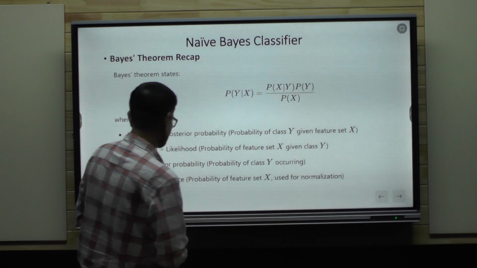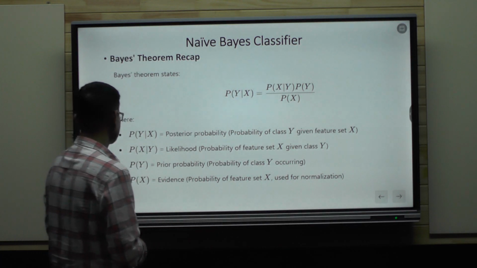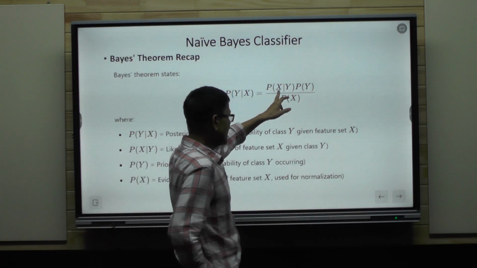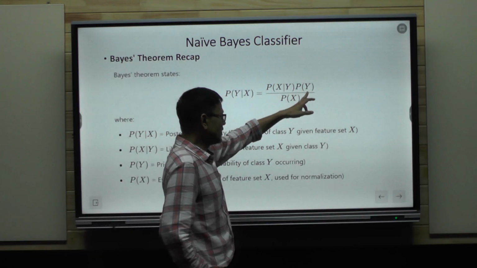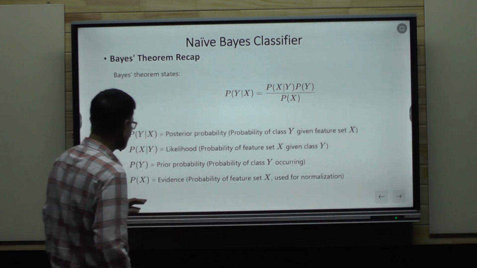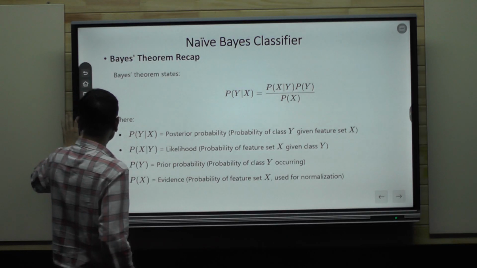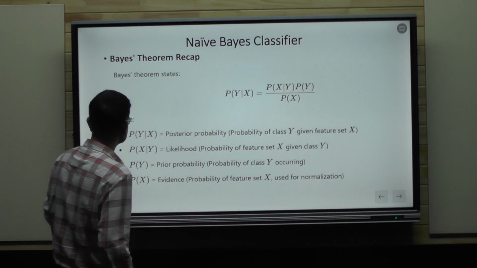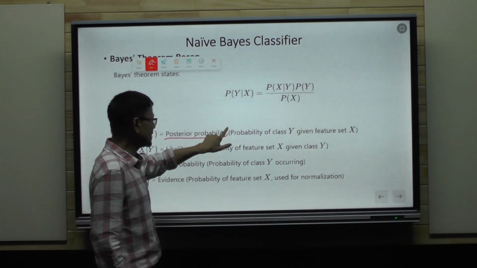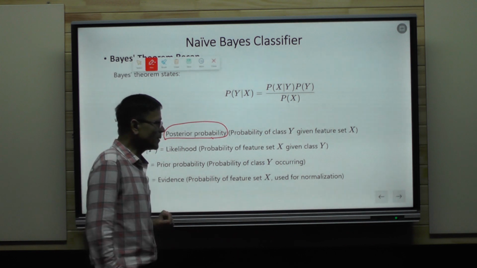Okay, so we'll start with the Bayes theorem. It's the probability of x over y, where the likelihood is given, the probability of y is given, divided by the probability of x. So what we do, we assume posterior probabilities. Okay?